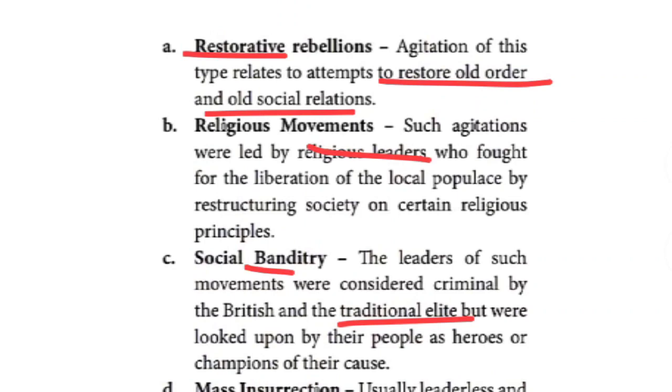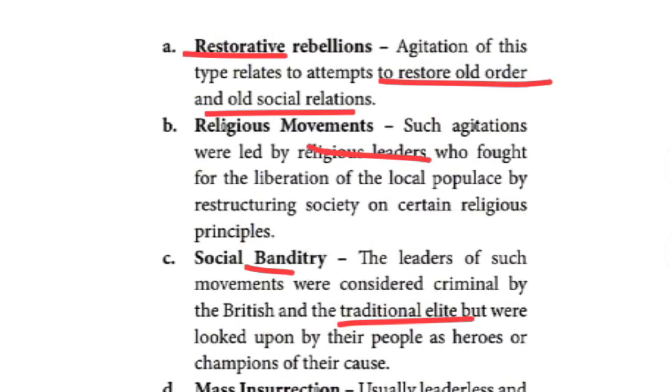So first one, restorative rebellion. Second one, religious movements. Third one is social banditry. Fourth one is mass insurrection. The first one, restorative rebellion, means to restore the old orders and old customs; restore in the sense of bring back. Second one, religious movements, led under the leadership of religious leaders against the British government.